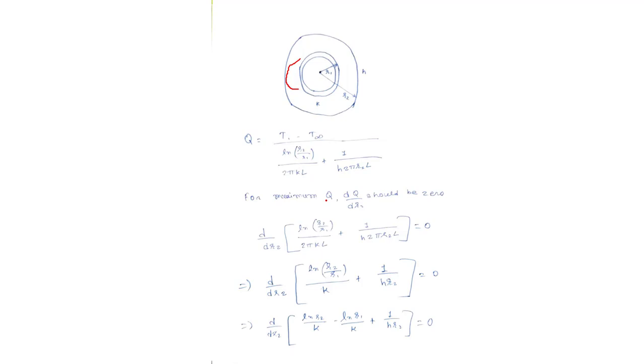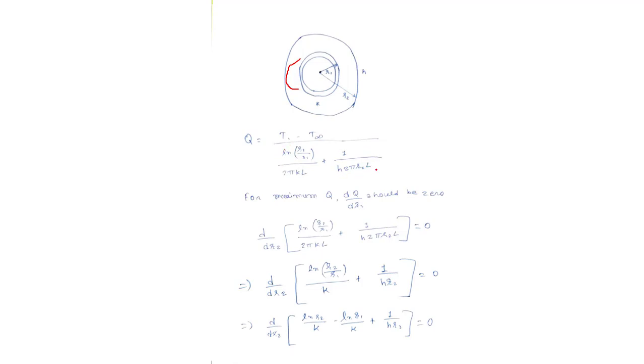Here our interest is to find R2. As we know, if we increase R2, then this term will increase and this term will decrease, and vice versa, if we reduce R2, then this term will decrease and this term will increase.